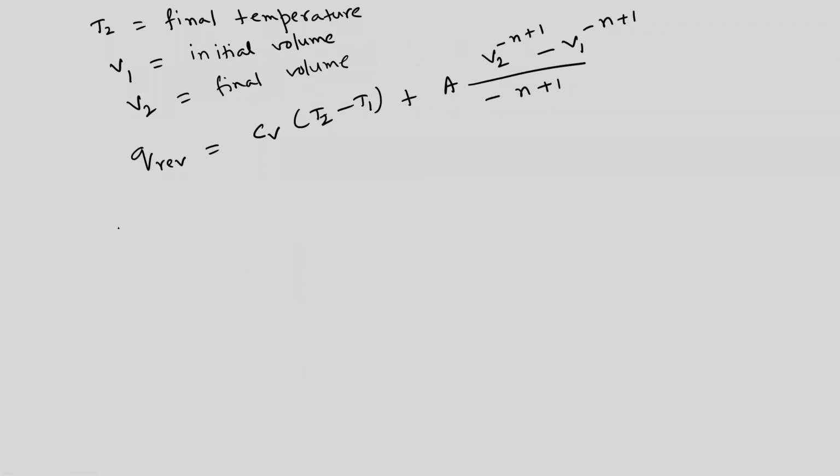So, this is the value of Q reversible. Okay. So, if we further simplify, we get Q reversible is Cv times T2 minus T1 plus P2 V2 minus P1 V1 by 1 minus n.